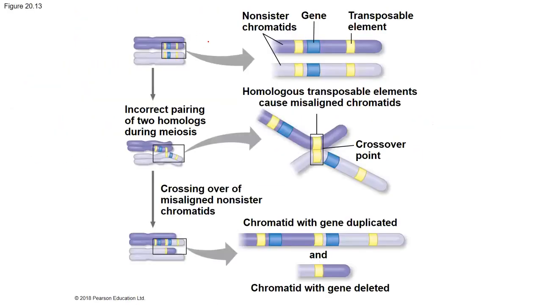How? So for example, these are 2, okay, let me call them like this. These are 2 homologous, or let's call them duplicated homologous chromosomes.